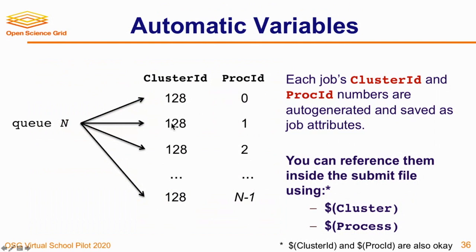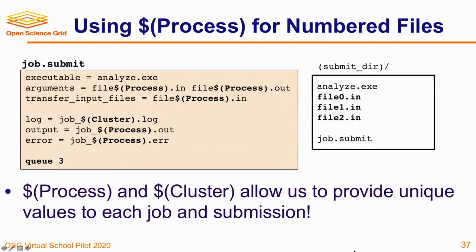That way, if you had multiple submissions going of related jobs, you could distinguish those files. So you can do that within the submit file by using variables for cluster and process. You could also use cluster ID or proc ID. Those are interchangeable.